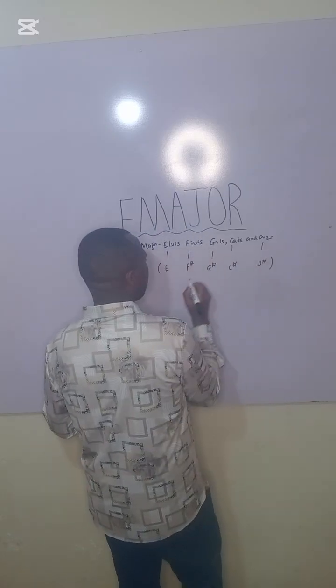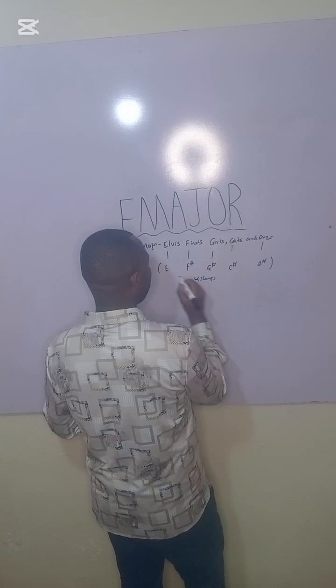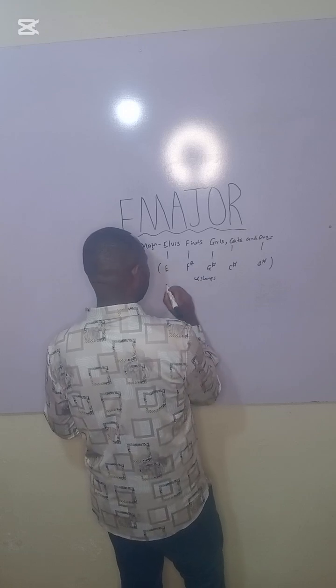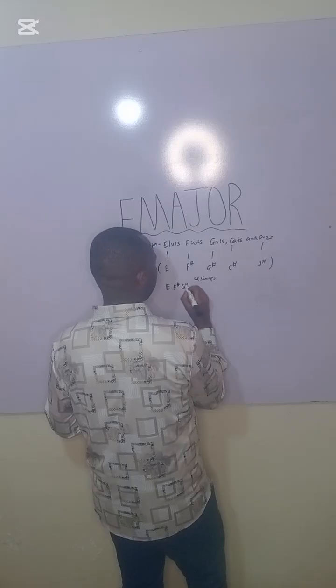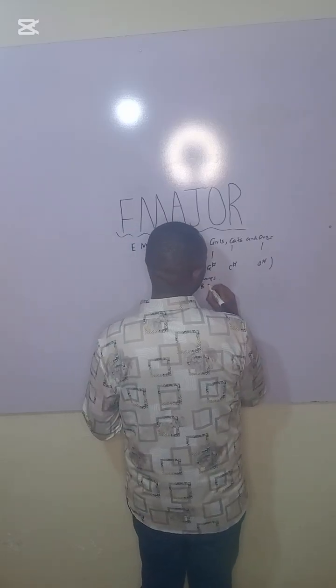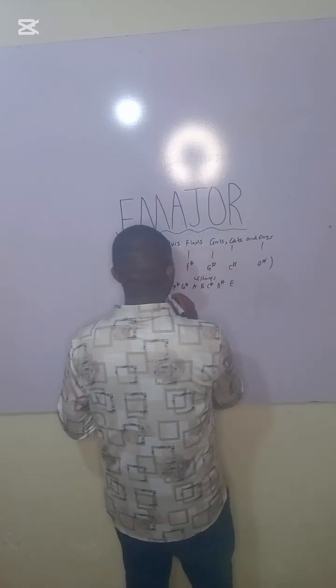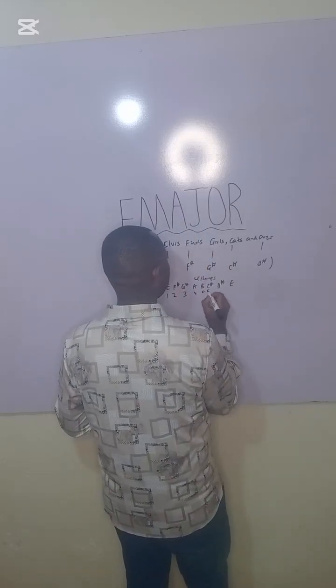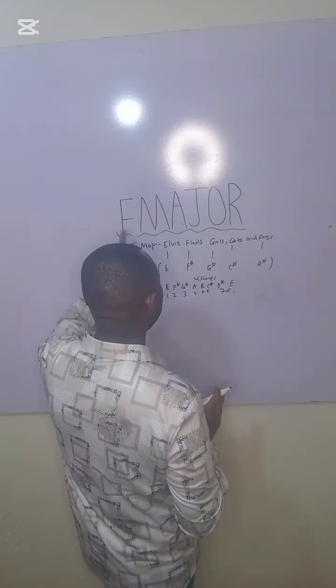So the E major scale has 4 sharps. The E major scale looks like this: E, F sharp, G sharp, then we have A, B, C sharp, D sharp, E, 1, 2, 3, 4, 5, 6, 7, 8. So guys, this is the E major scale. Now we are learning the difference between E major and F major.